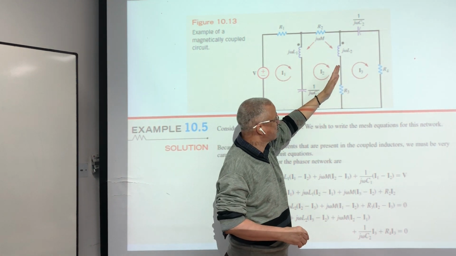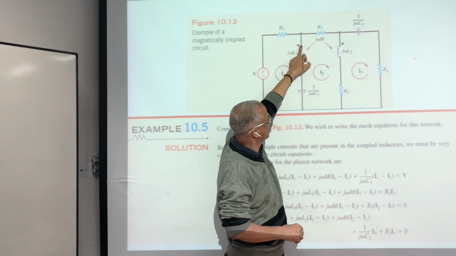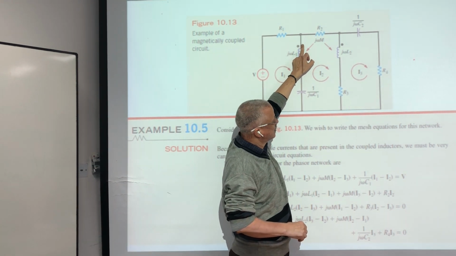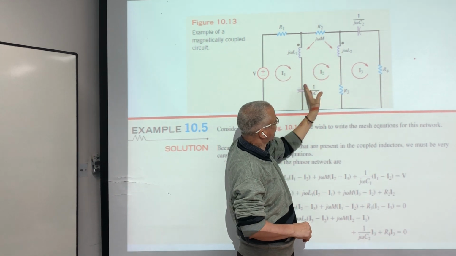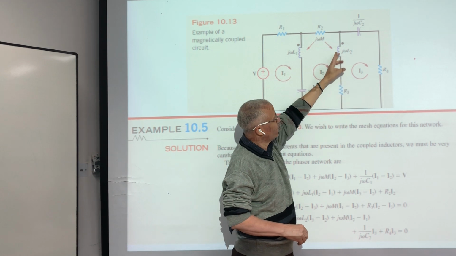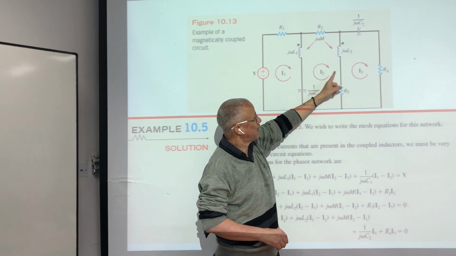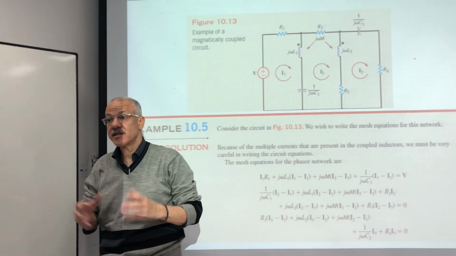Any assumption can go. So here, if we assume I2 minus I1, so here it will leave. So this will be negative, positive, the value. And here we can assume I3 minus I2, so it will leave. So here I3 minus I2 multiplied by j omega. Is it clear?